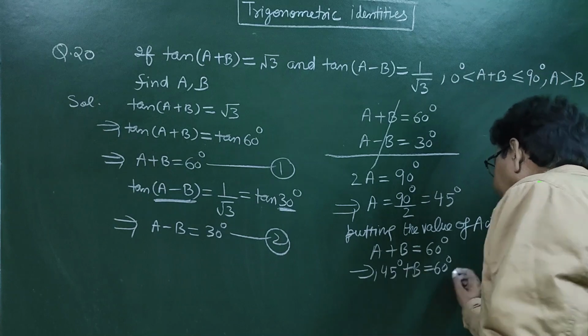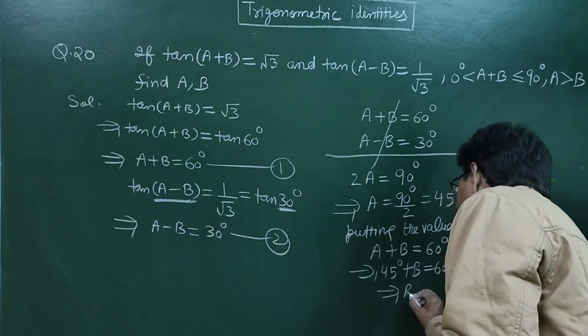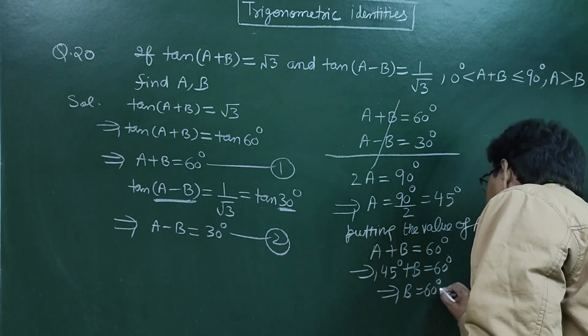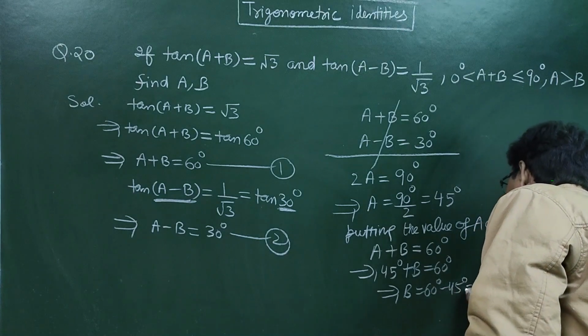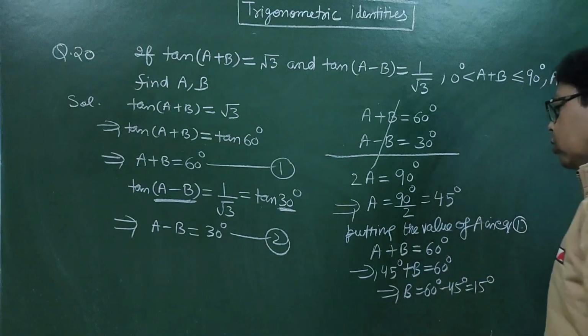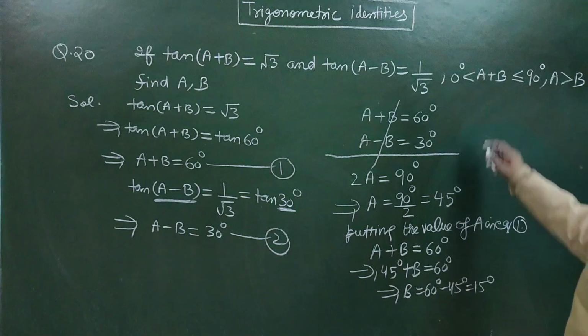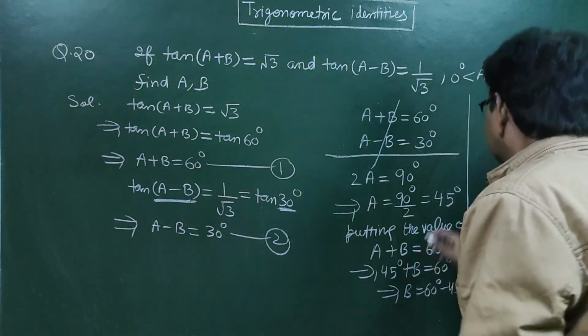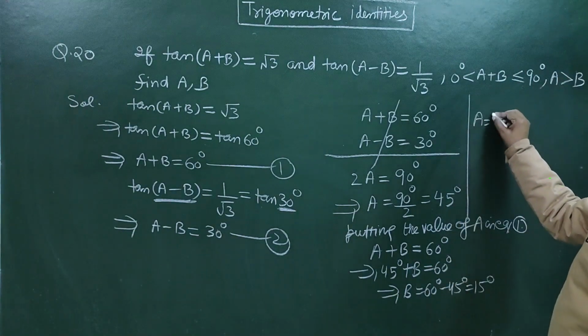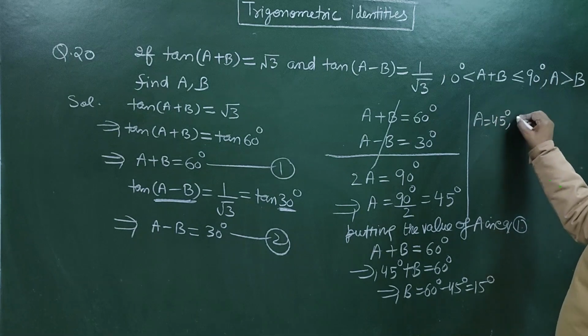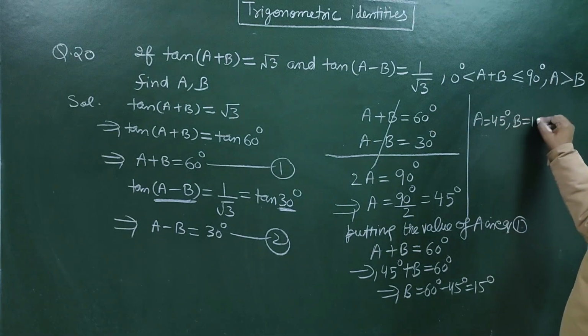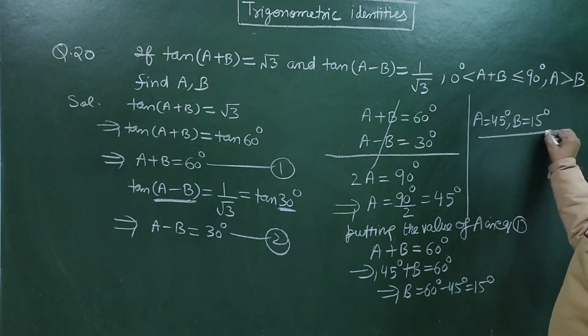Transposing 45 to the other side, b is equal to 60 degree minus 45 degree, which is equal to 15 degree. So now you have got both the angles. Your final answer is a is equal to 45 degree and b is equal to 15 degree.